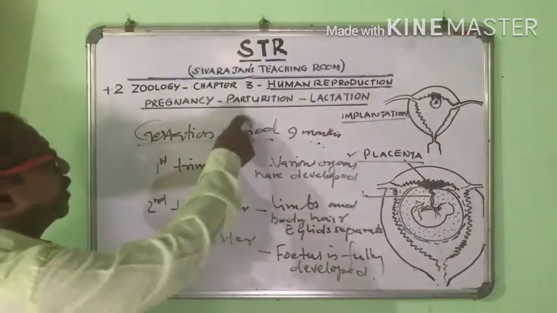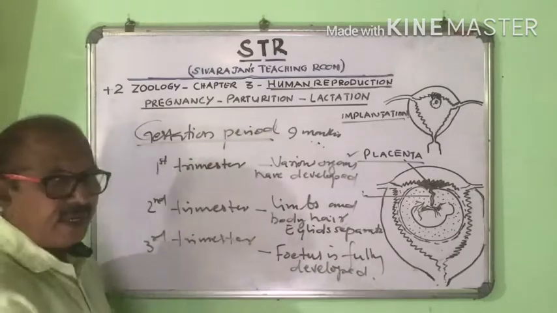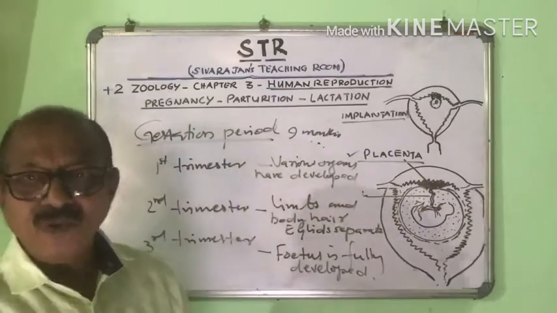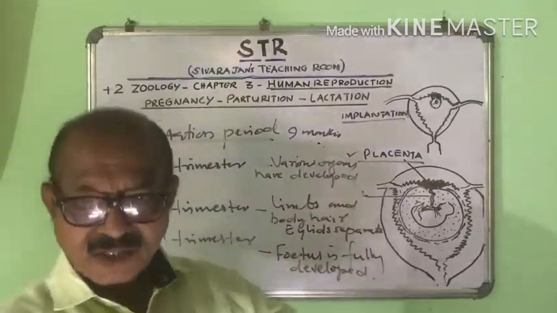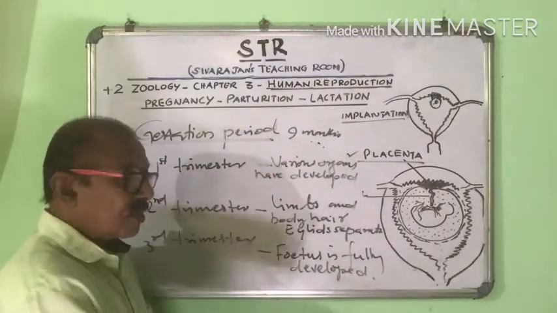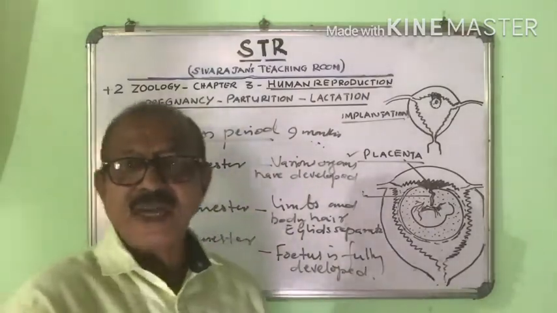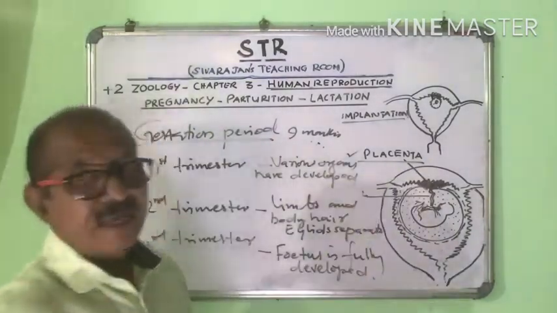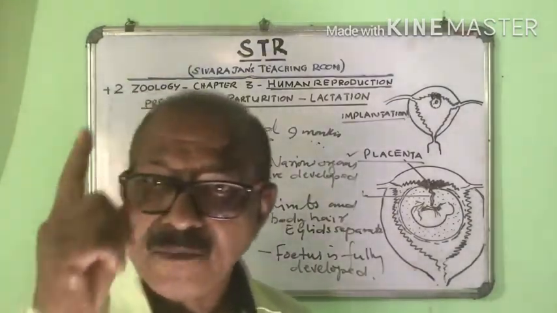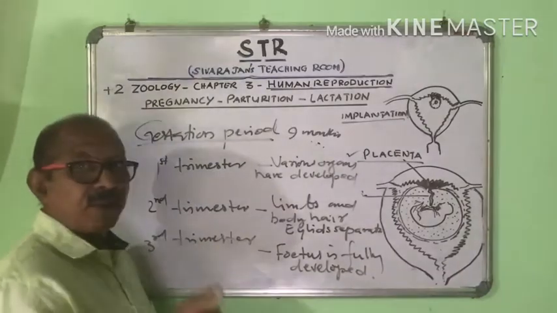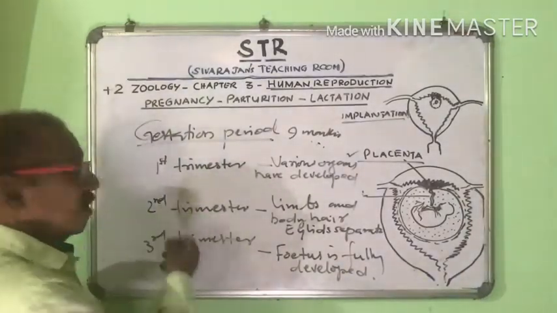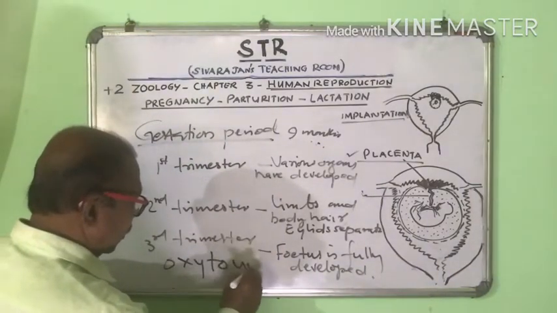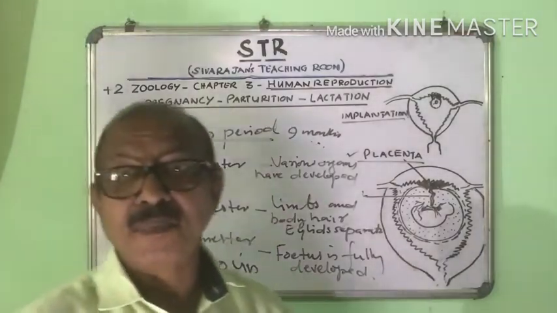So, what is parturition? After the full growth of the fetus, the baby moves violently inside the uterus. It causes stretching of the muscles of the uterus, which generates impulses from the uterus and placenta, and these impulses reach the brain, and the brain releases oxytocin, a hormone from the pituitary gland.